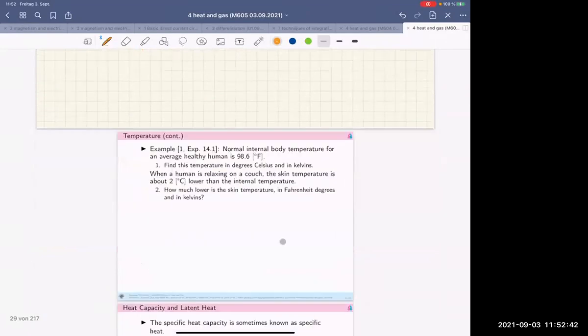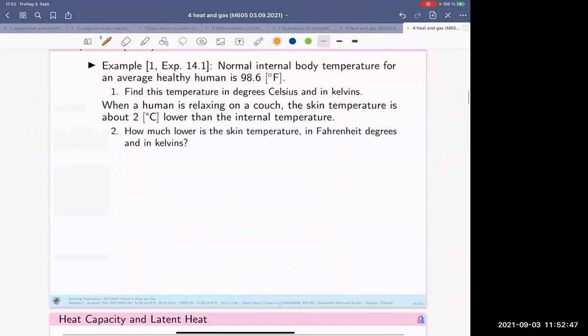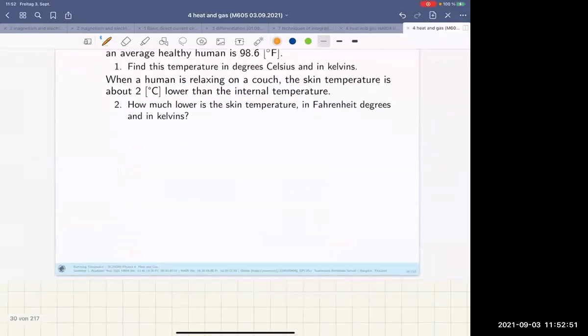Normal internal body temperature for a human is 98.6. Find the temperature in degrees of Celsius and in Kelvin. The first situation first, okay.